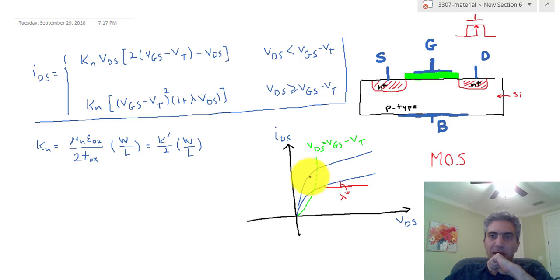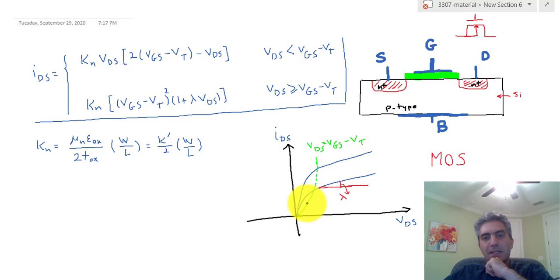In other words, I need to show the voltage between the drain and the source, then the current that passes through the drain and the source, but on top of that I have to have another one that shows the voltage between gate and the source.